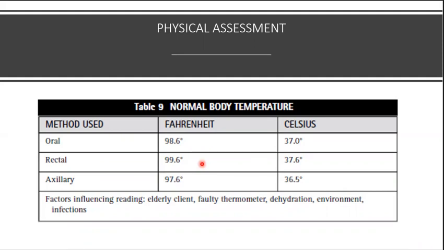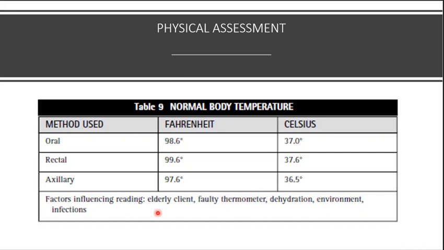So again, you always want to remember in the infant population, if we have a rectal temperature that's less than 36 in a young infant, we can say the patient is hypothermic, that may be a sign of sepsis. So again, hypothermia in a young infant could be a sign of sepsis.